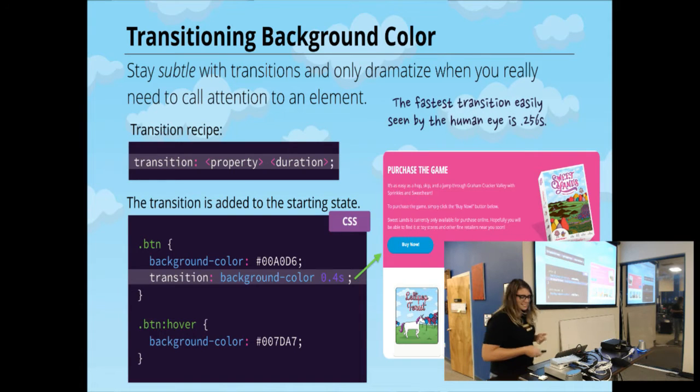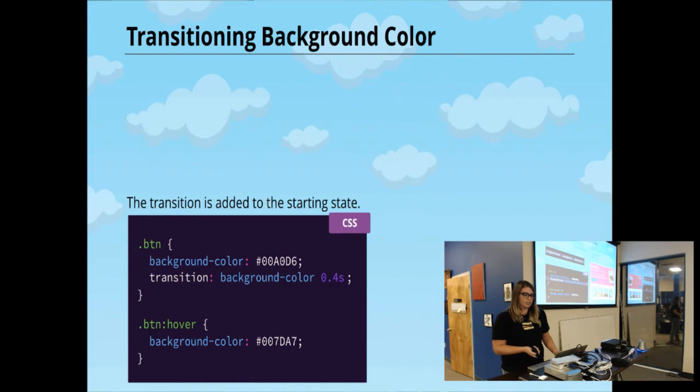Continuing on, the fastest transition easily seen is about 0.25 seconds. That's rough, obviously, but don't make it any faster, otherwise it's basically instant because our eyes can't see it. So 0.25 is an easier number to remember.